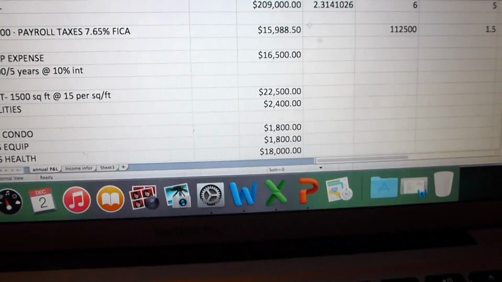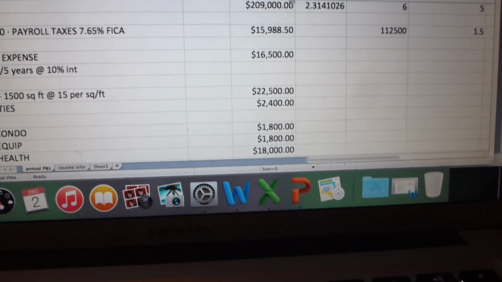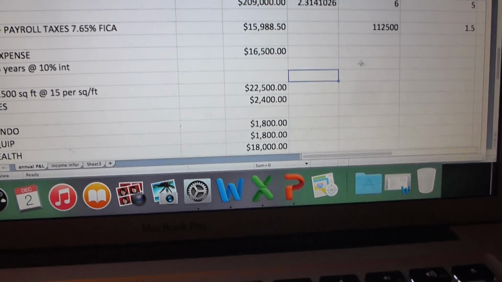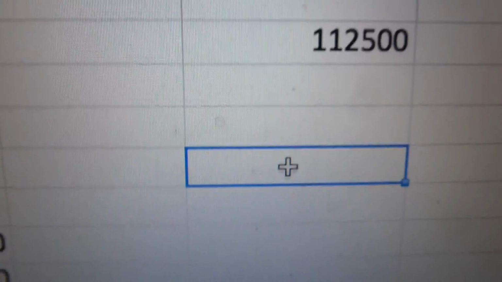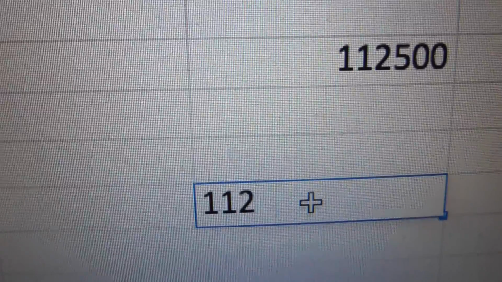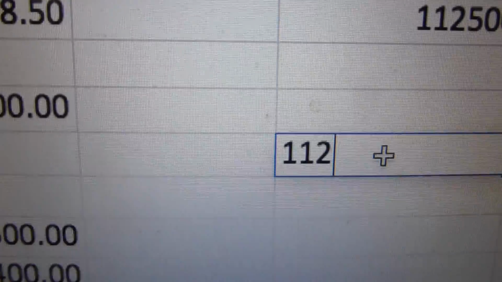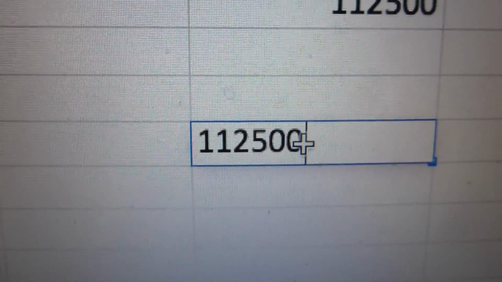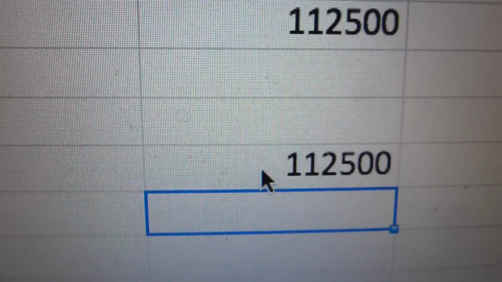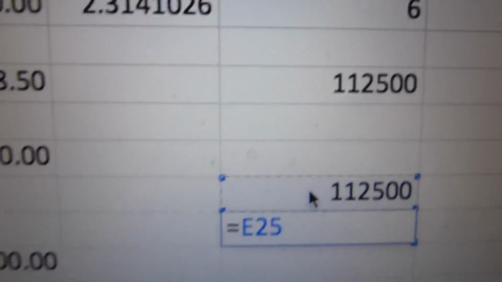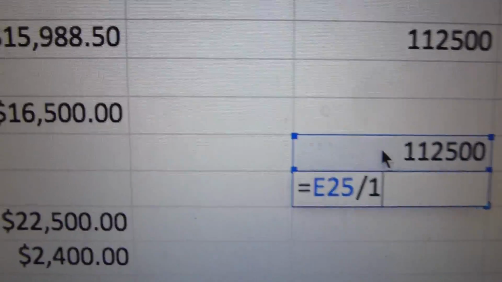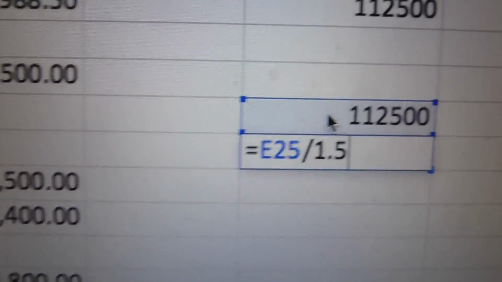In order to get your hourly rate, you're going to have to go back to that original figure that you're making total for salary. So that's 112,500, and that's for 1.5 audiologists. So you're making this much, and now I need to know how much is it per person?